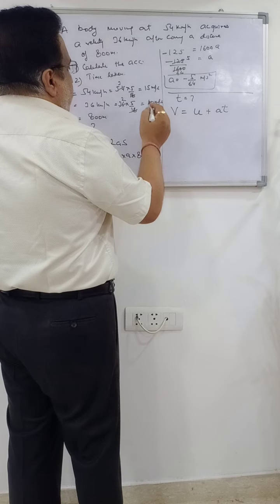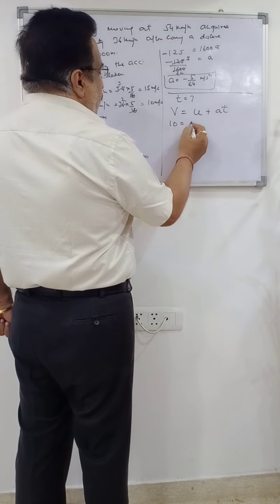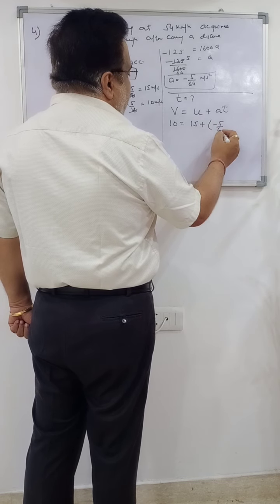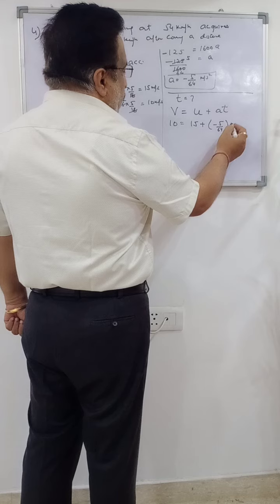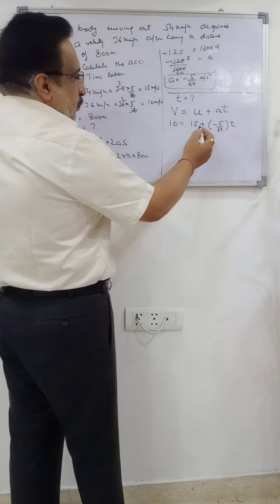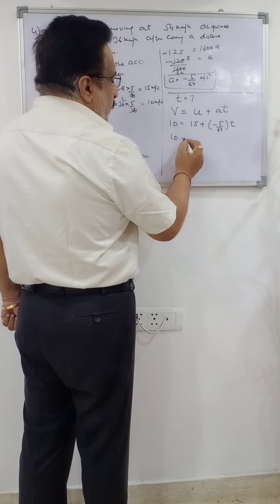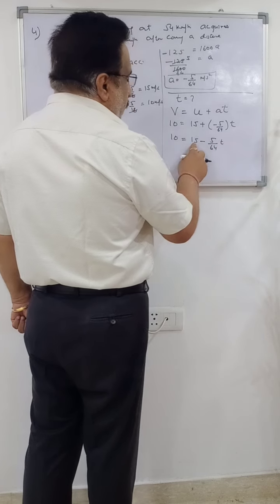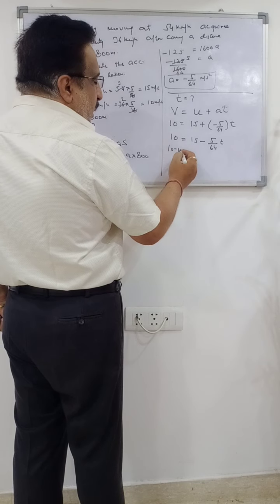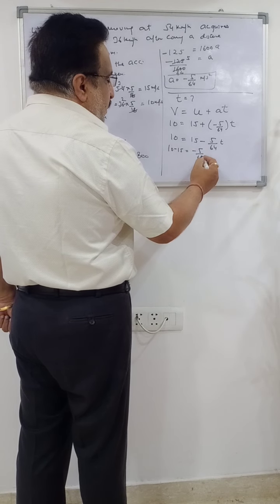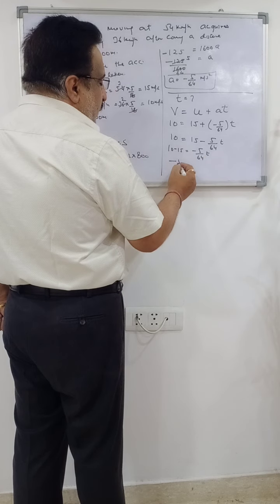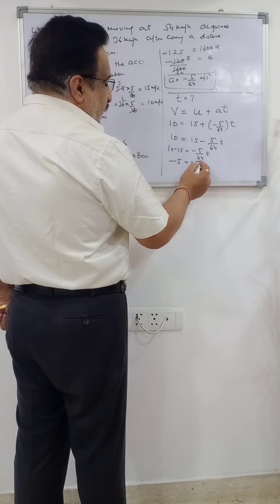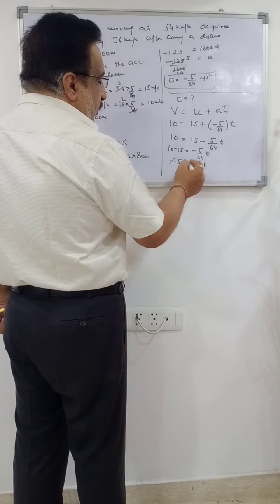So what is V here, beta? 10 is equal to U, 15, plus acceleration is minus 5 by 64 into T. Plus into minus, minus हो जाएगा. 10 is equal to 15 minus 5 by 64 T. इसको इधर ले आइए. 10 minus 15 is equal to minus 5 by 64 T. Minus 5 is equal to minus 5 by 64 T. 5 से 5 कट जाएगा, माइनस से माइनस कट जाएगा.